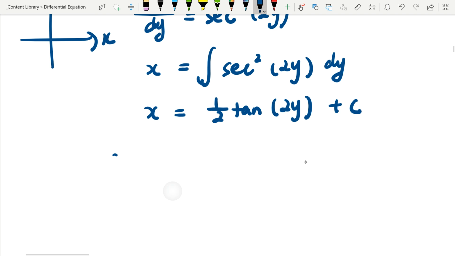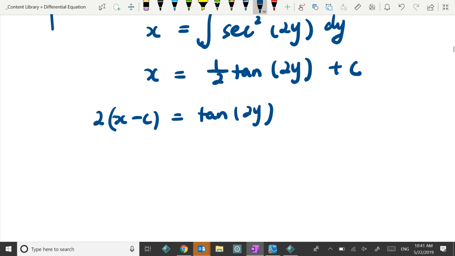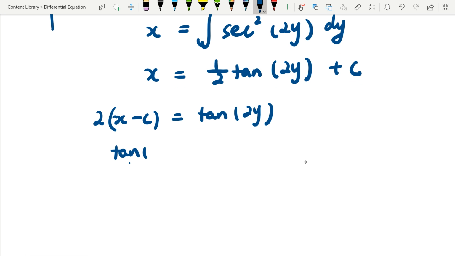If I move everything to this side, what I will have is like that. I want to expand my left hand side. If I expand it, that here, and that's 2x minus 2c. c is just a general constant times 2, so I can just easily change that to d.